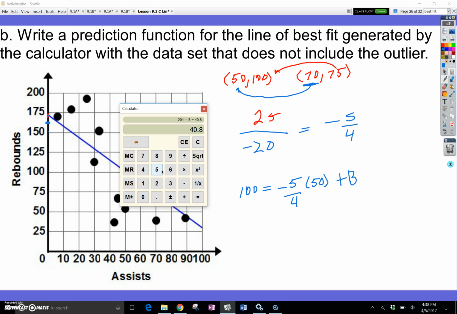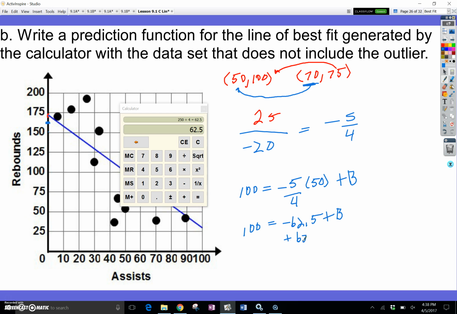It would be 5 times 50 divided by 4. So that would be negative 62.5. So I have 100 is equal to negative 62.5 plus b.